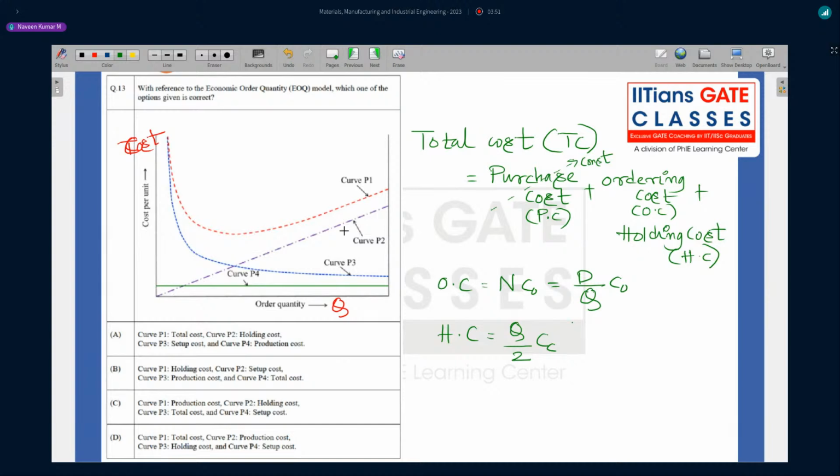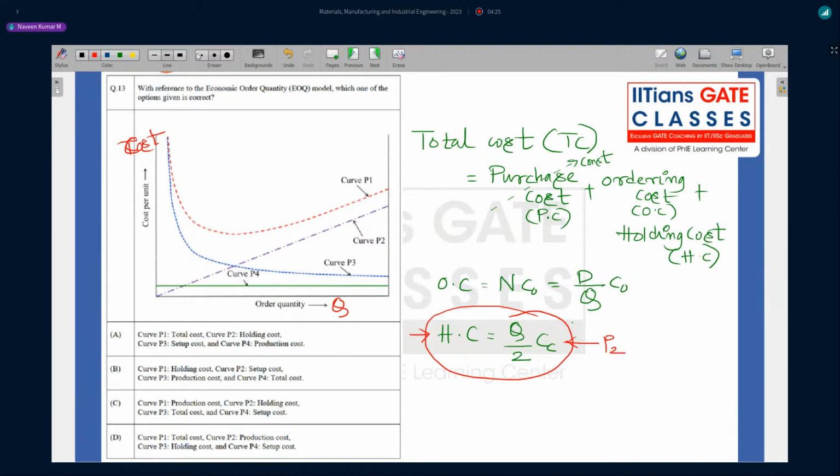Which cost is that? It is the holding cost, because the holding cost is directly proportional to the quantity Q, like Y is equal to MX. So I can say that curve P2 represents the holding cost.